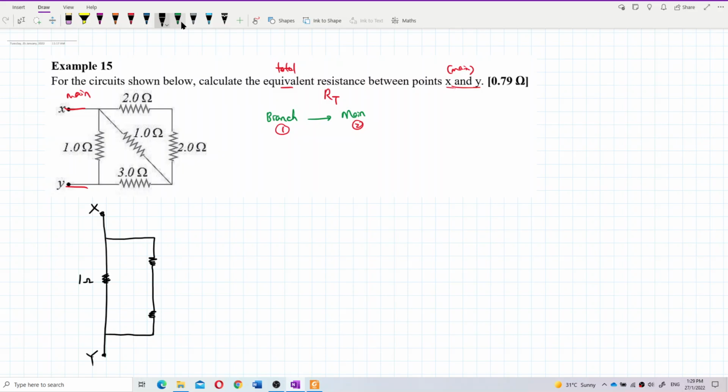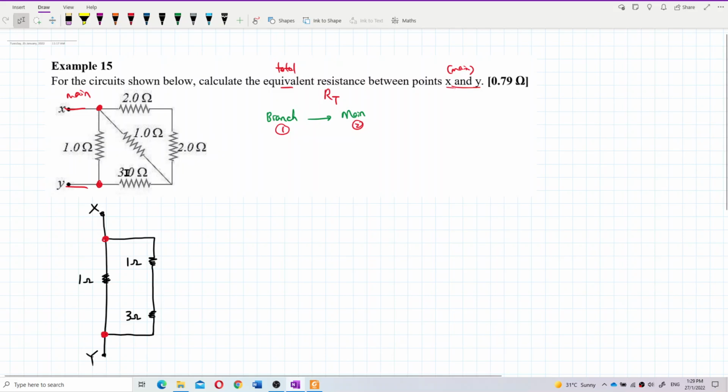Understand? This point is the same as this point, and then this point is the same as this point. I hope you can see that. This is the 1 ohm here, and this is the 3 ohm here.